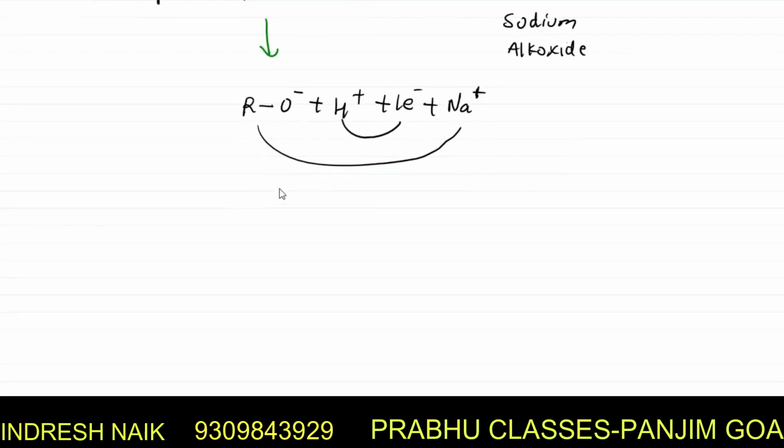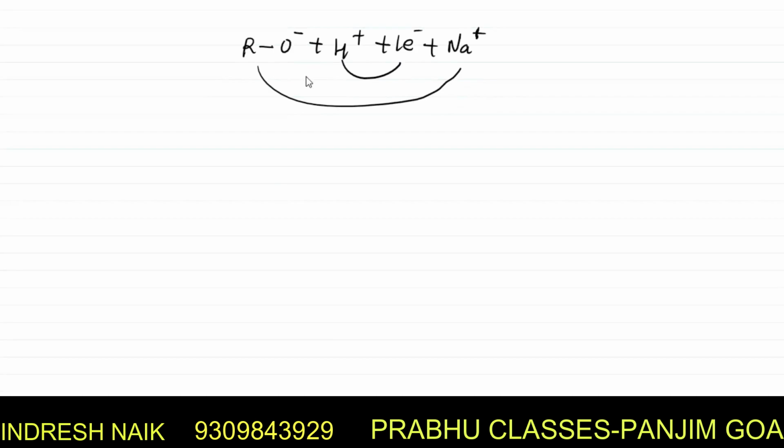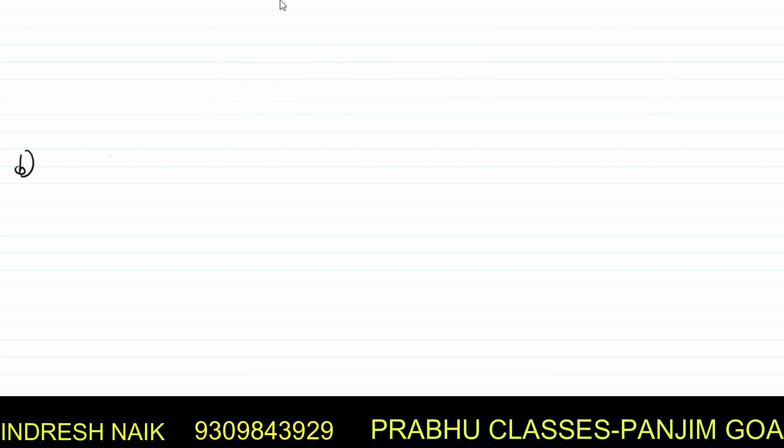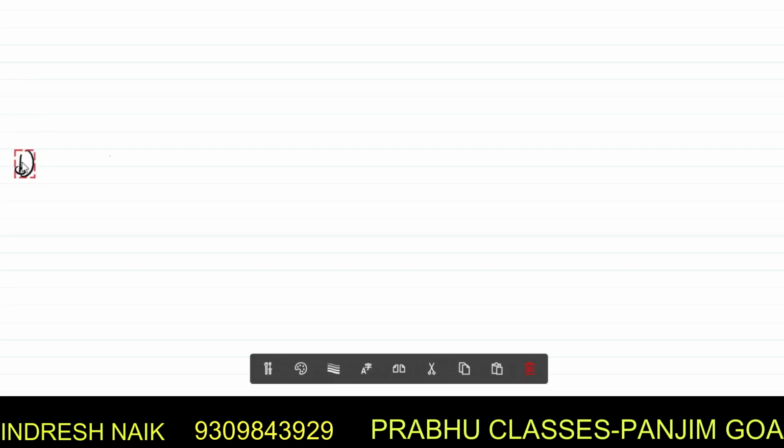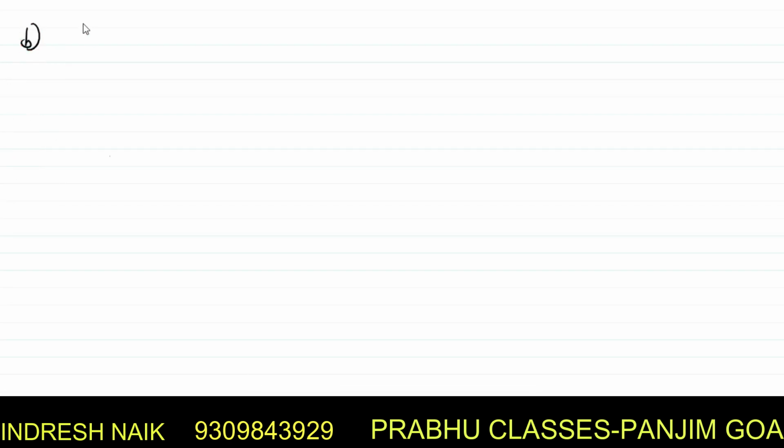Now the second is the reaction with aluminium. If we take a tertiary alcohol like this, CH3, CH3 here also, CH3, this is OH.